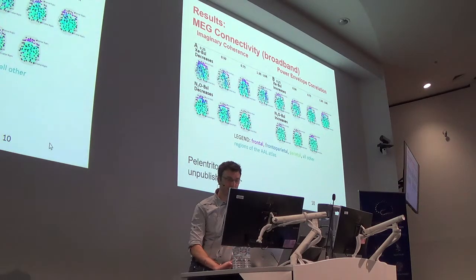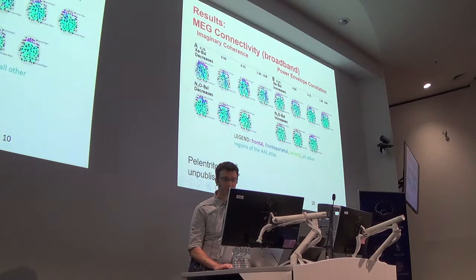So, just showing some basic results. Here we have the significant decreases when you look at xenon minus the baseline. This is the loss of responsiveness level here, and it's increasing here. The aqua colors are all of the connections that were significant except for the frontal, frontoparietal and parietal ones.